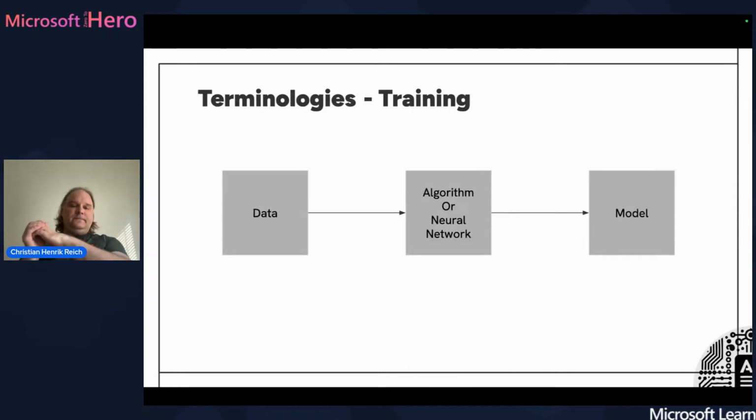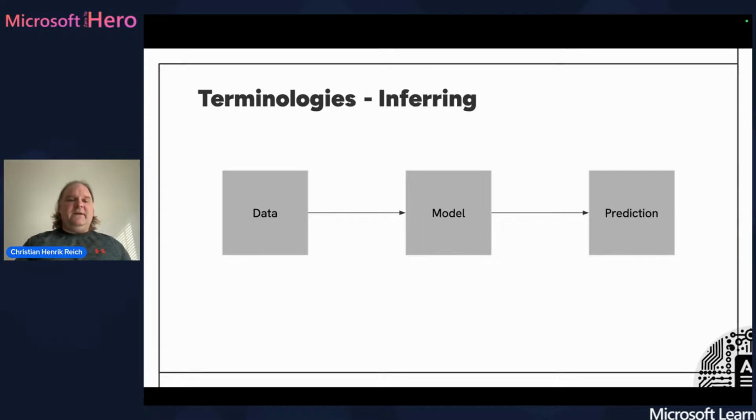Then we have training, and training is about, okay, we have some data, we have an algorithm, and out comes a model. And a model is just, if you're a developer, often a type of class. It can be a Python class, like we know from a C# class. That's one way to have a model. Then we have the other thing, when we would like to use the model.